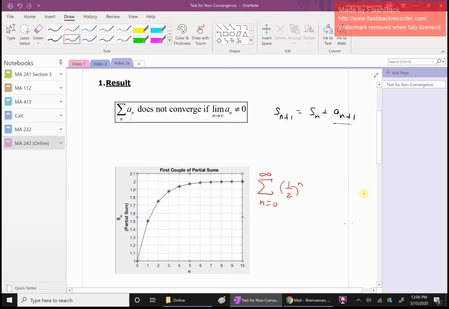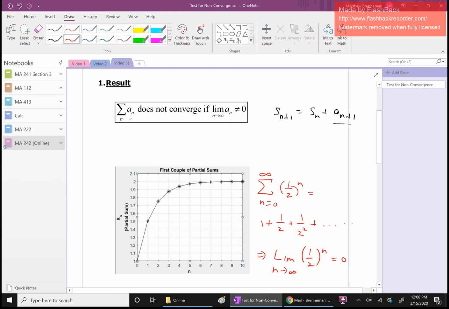So this is going to be equal to 1 plus a half plus 1 over 2 squared, dot dot dot. And we can certainly see that the limit as n goes to infinity of the terms in the sequence we're adding up is 0.